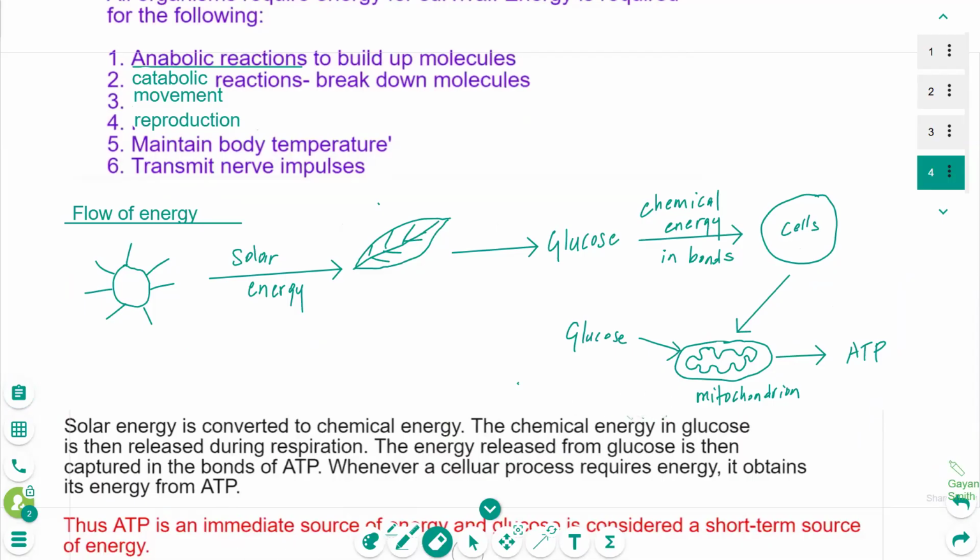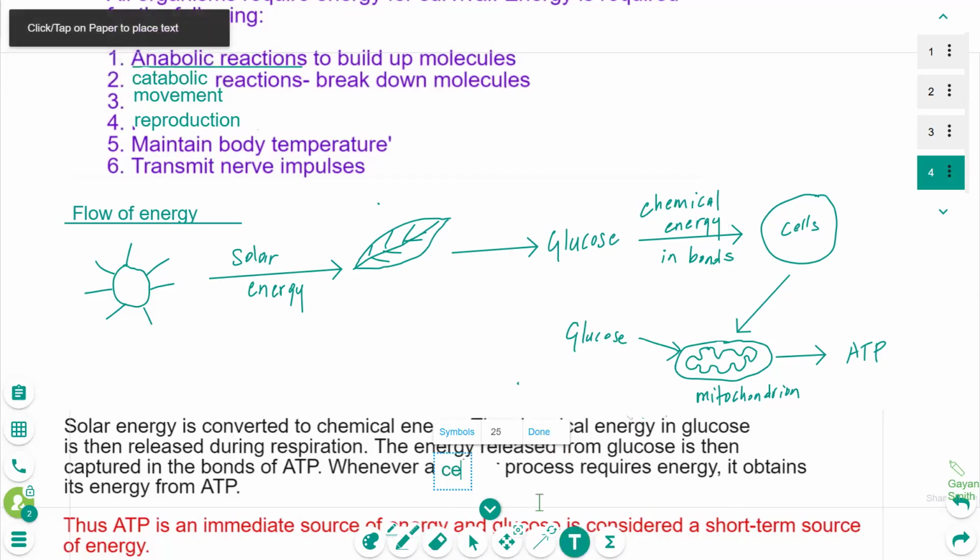And the chemical energy in glucose is then released during the process of respiration. The energy released from the glucose is captured in the bonds of ATP. Whenever a cellular process requires energy, it gets the energy from the ATP. So ATP is the immediate source of energy for basically all cellular processes.